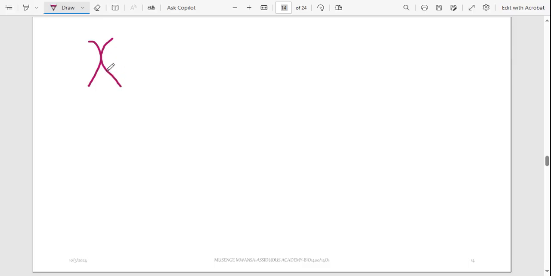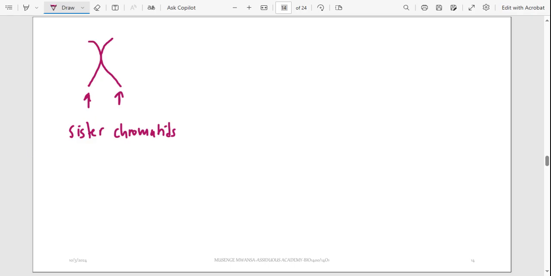This is a chromosome. But in this chromosome that you can see here, these two, this one and this one, what do we call them? These are sister chromatids. Okay, these are sister chromatids.